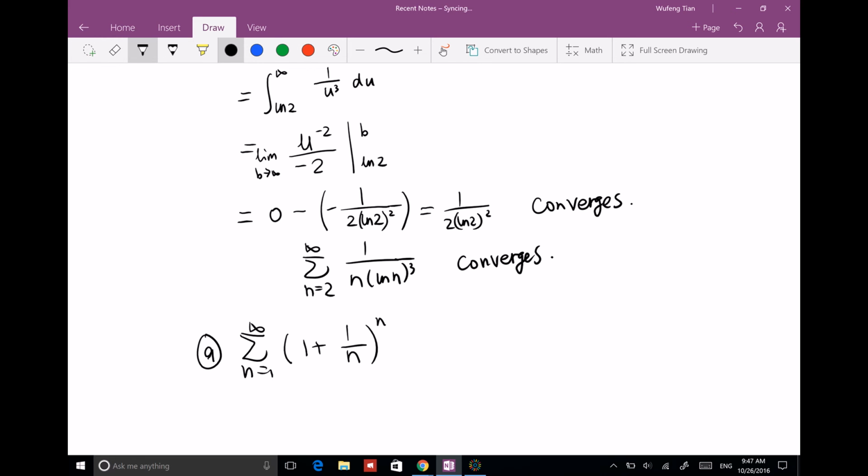Would this one converge? Why does this one converge? I was thinking because the 1 is going to be the constant in there. So is that 1 going to be constant there? This one? Okay.